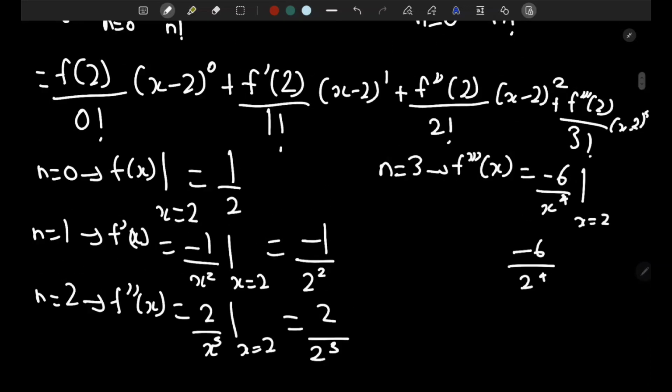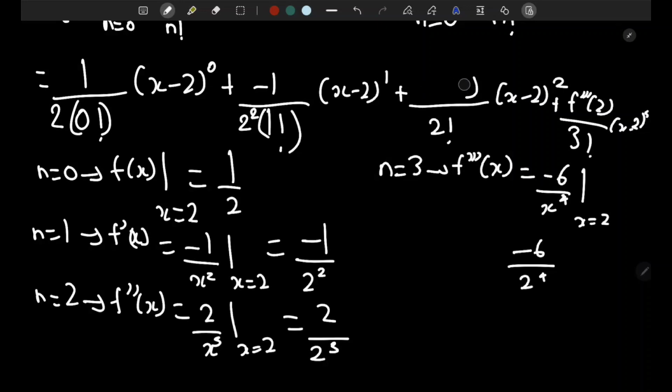So now instead of erasing our previous equation, I'm going to substitute all the f of 2, f prime and all these functions. So f of 2 was 1 over 2, so let's erase this part and replace it with 1 over 2, and I'm going to bring the denominator below. And then the next one is f prime of 2, which was negative 1 over 2 squared, so 2 squared goes down, or actually let me put the brackets on this one first.